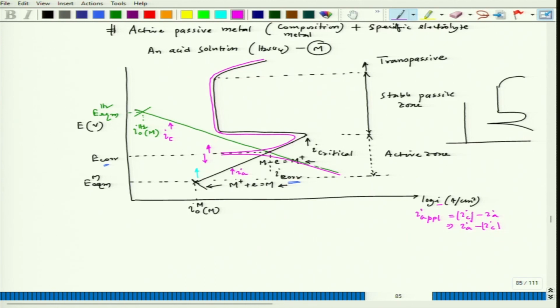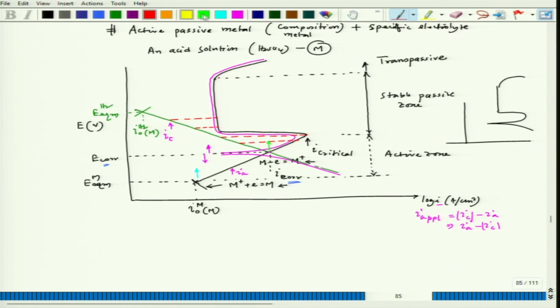So, now if we start doing anodic polarization, let us see what happens. So, anodic polarization will start towards this direction. Now, let us say I go to this level, then I go to the maximum or the corresponding to I critical, because I am moving up. Then I go to this level, then I go to this level as I am moving up.